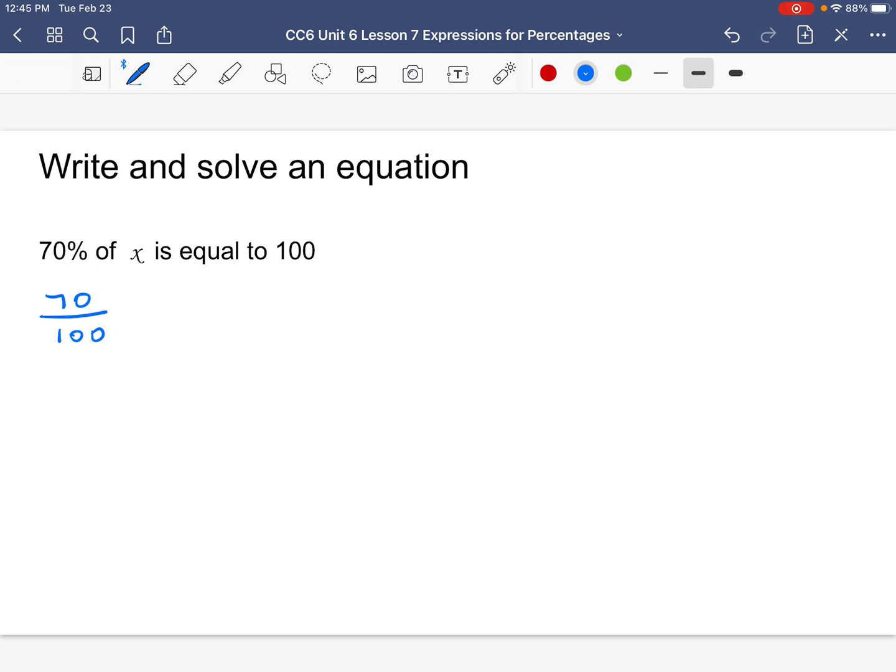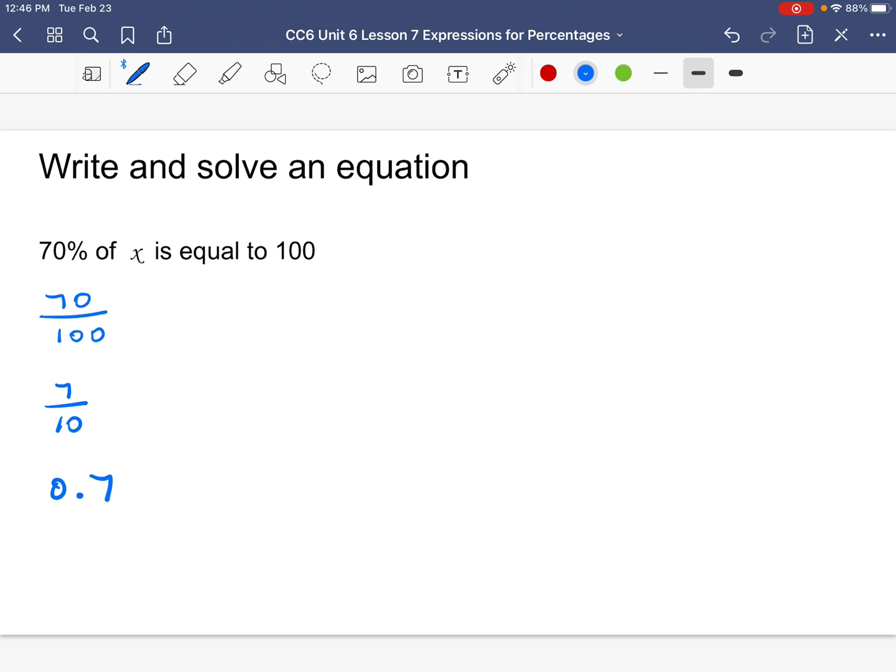Make that an easier fraction to work with by dividing by the greatest common factor, which is 10. We get 7/10, an equivalent fraction, which would be easier to work with. And a decimal to represent 7/10 would be 0.7.